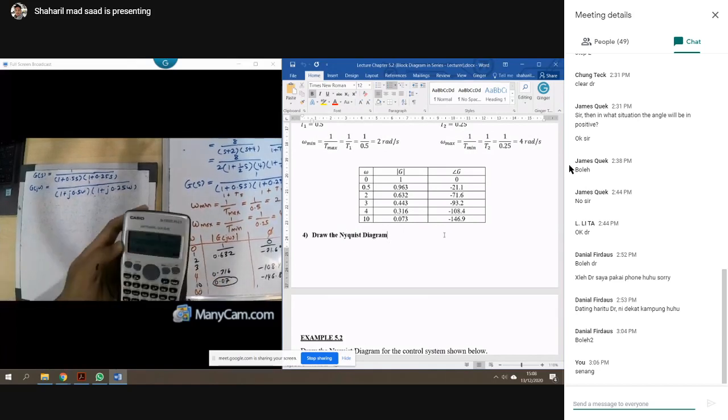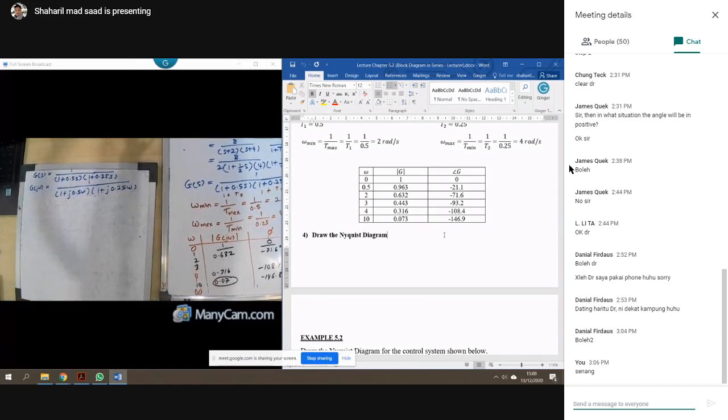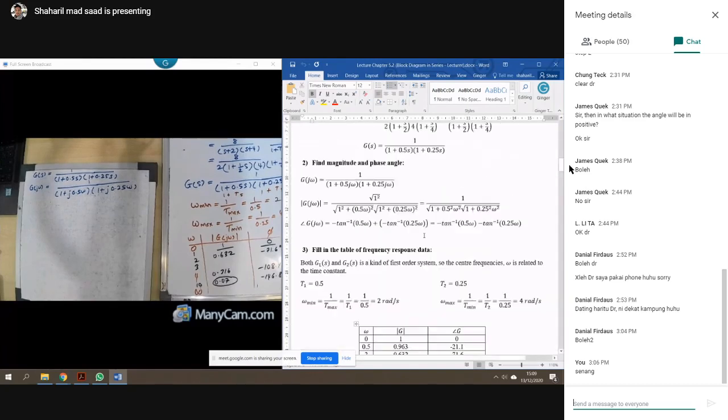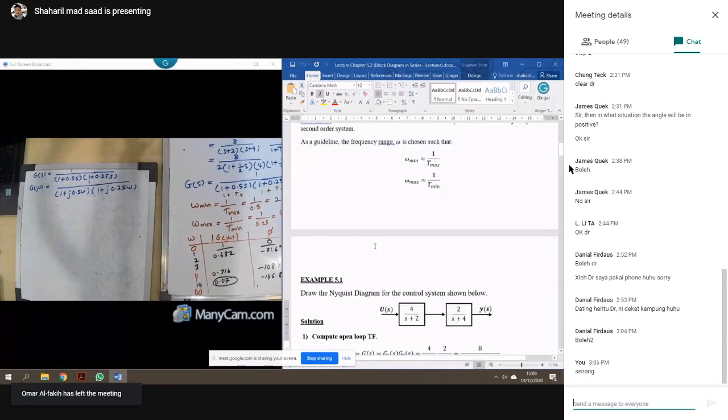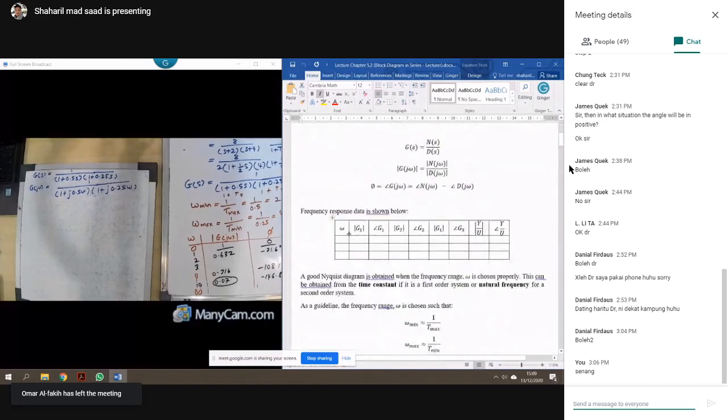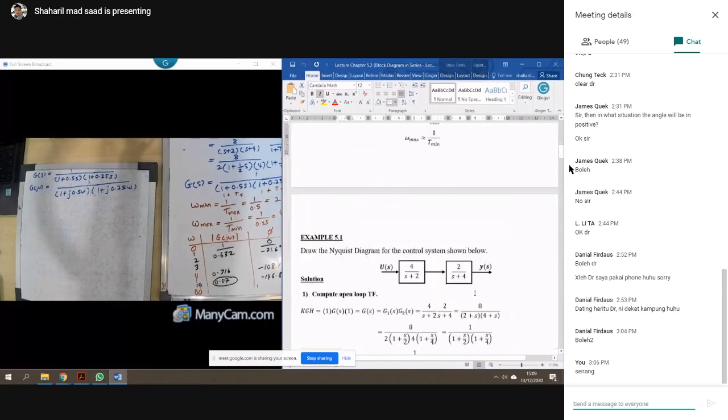Just use your calculator. You don't need to calculate like this one, right? Okay, simple, right? And also you don't need to derive all this value. Only this section that I teach you this method.